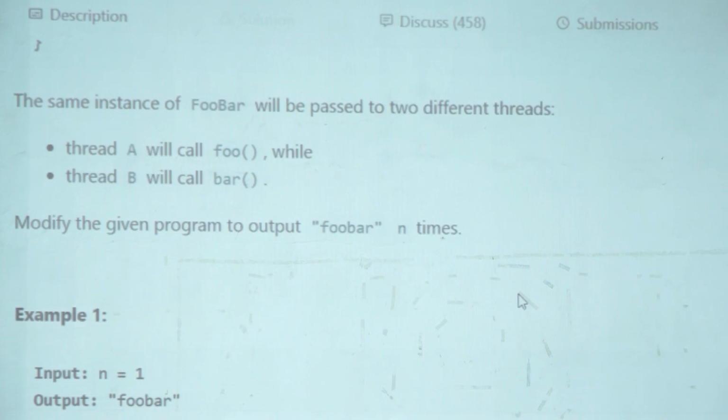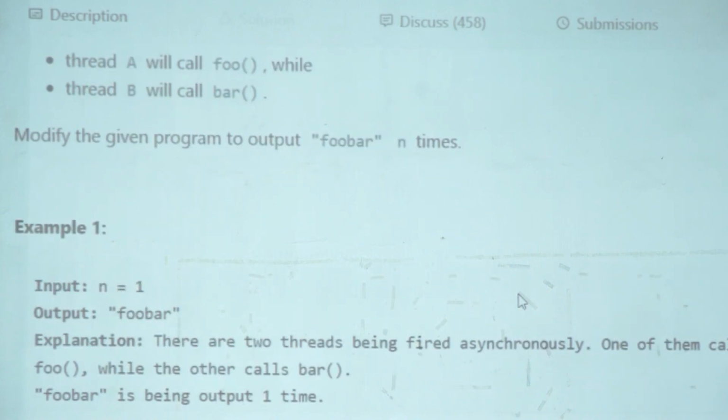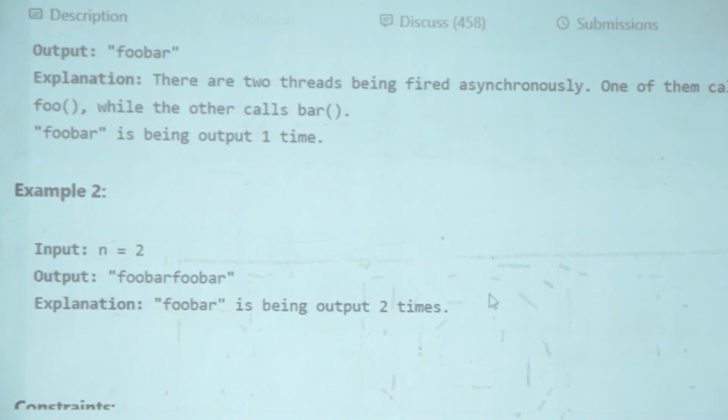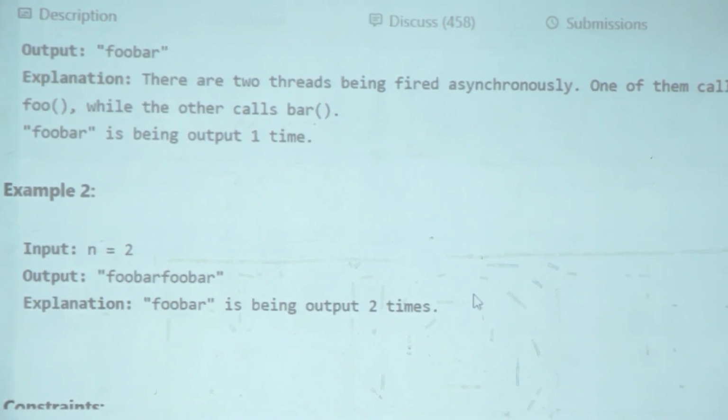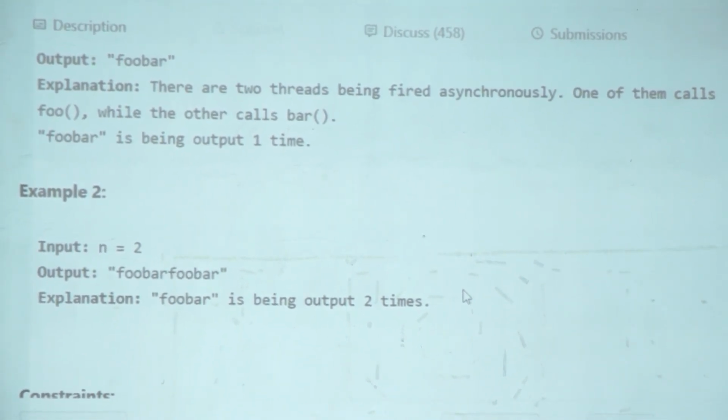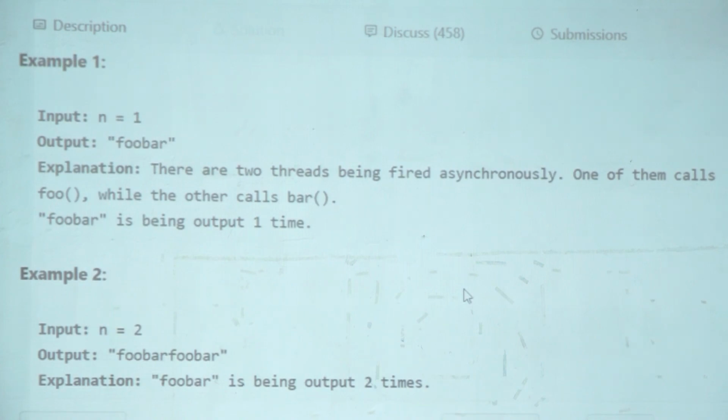The answer should always come as foo bar. And then it should take an n as a parameter that decides how many times it should run, like our loop. Just now we also had a loop, it ran so many times. So that n should come as a parameter. So this is another kind of concurrency problem.